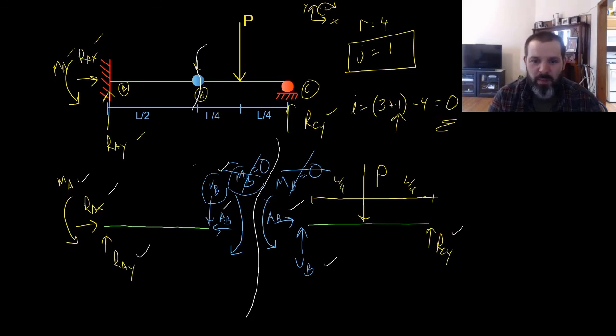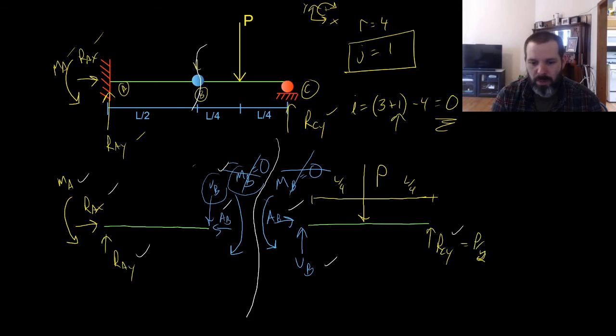This beam section that we have here behaves exactly like a simply supported beam with a point load in the middle. Simply supported beam with a point load in the middle is symmetric, and since it's symmetric, we know that the total vertical reactions has to be the total loads divided by 2. So RCY will equal P over 2.